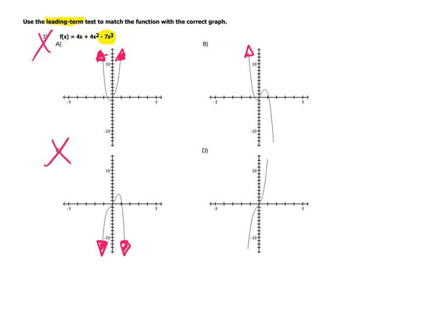This one, it's pointing up and pointing down, and over here it's pointing down and then pointing up. So this one's just like the last one, except it's a cube, but it's an odd, so opposite ends, and then it's a negative 7, so it has to end going downward. This one ends going downward, so it's B.